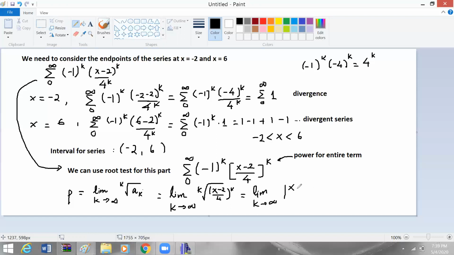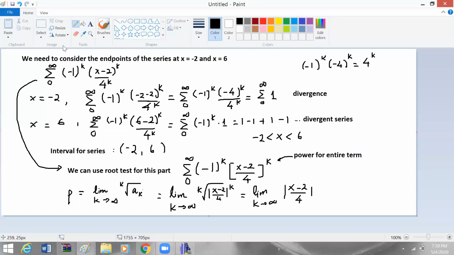So I forgot to do that for that example. So let me just erase this and change that to the absolute value.